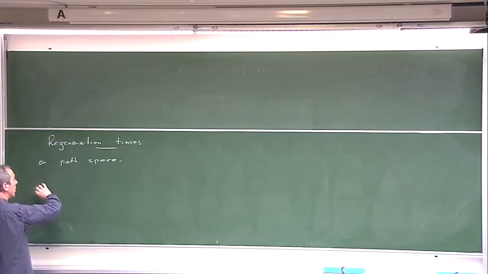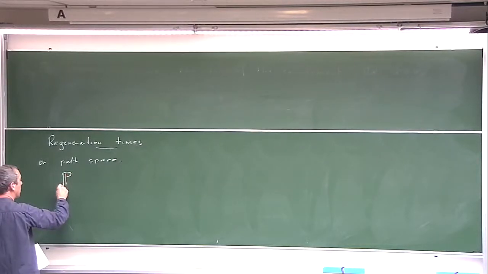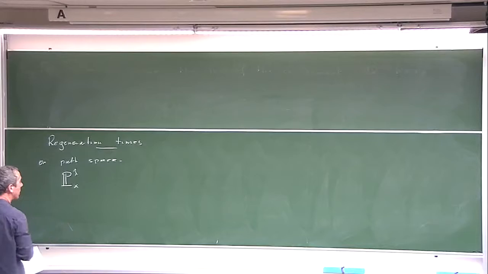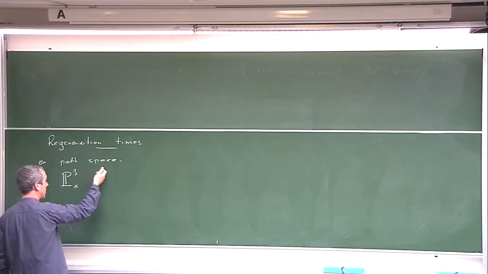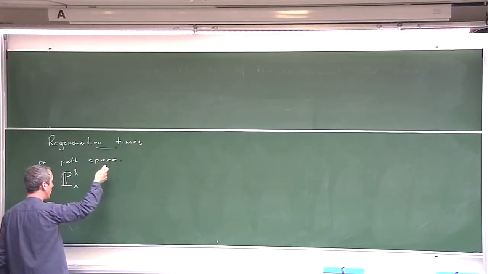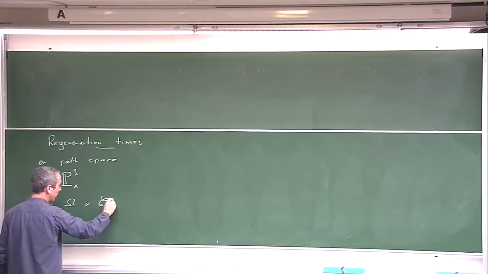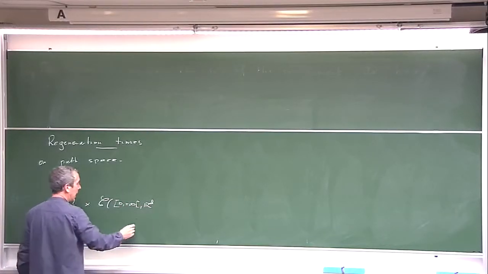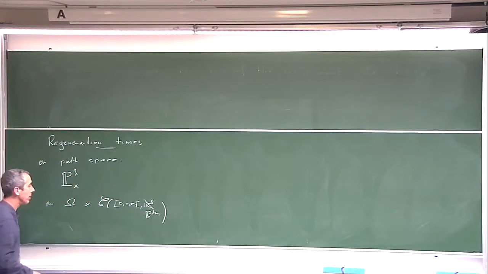So let me just put a little bit of notation. I'm going to use this letter, P lambda, with this double P, usually like this, sometimes with an x to indicate the starting point. So this is the probability measure on path space, and more precisely, this is going to be a probability measure on omega times the space of continuous trajectories from 0 to infinity to R^d. And at some point it will be R^(d+1). So you will forgive me if I use the same letter.